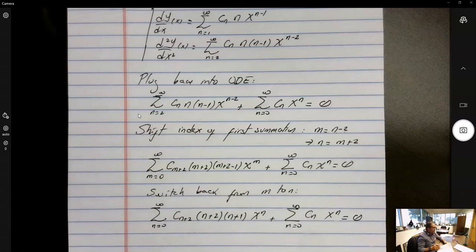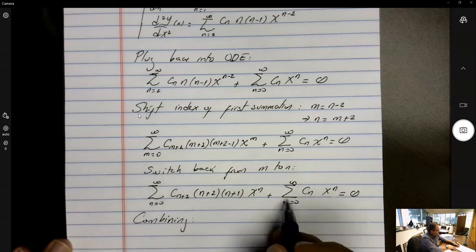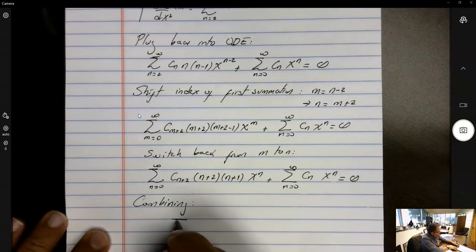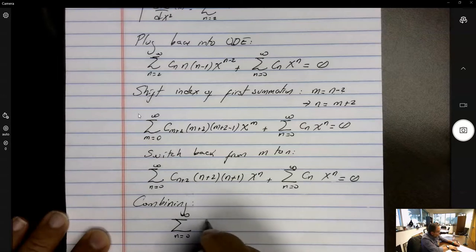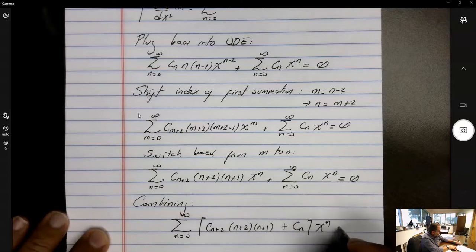And now I can combine the two series, because both start at 0 and both include the same power, x to the n. So I can combine these two series as a single one, the summation from n equals 0 to infinity of [C(n plus 2) times (n plus 2)(n plus 1), plus Cn] times x to the n is equal to 0.